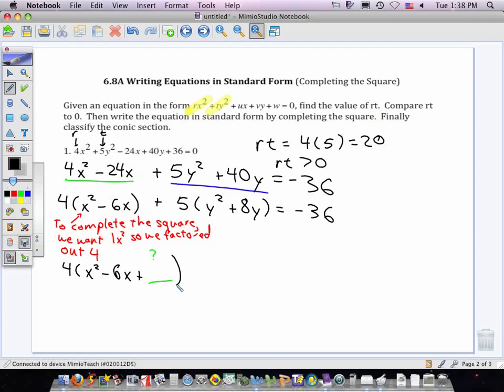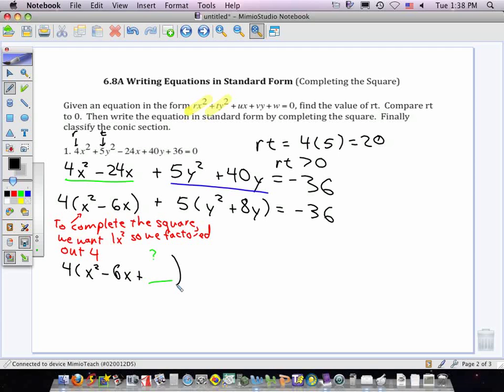What number do we need in that little space? If we're thinking ax squared plus bx plus c, take your b, divide by 2, and square. Is there any way to get that number without, like, before you factor it? No. Take this number, divide by 2, and square.